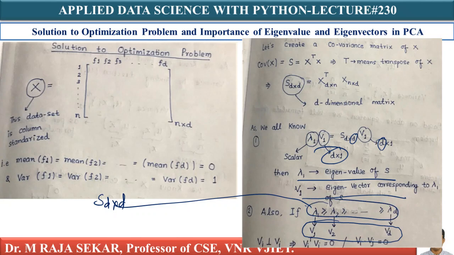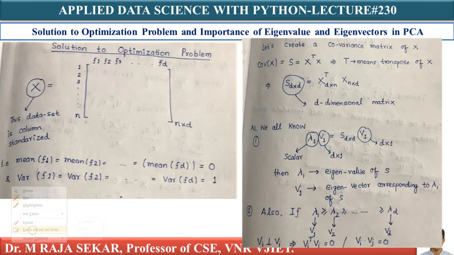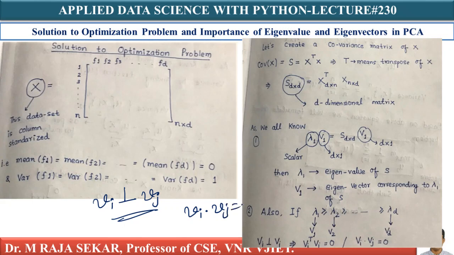One nice property of eigenvectors is, if you take any two eigenvectors of this covariance matrix, say eigenvector Vi and eigenvector Vj, they are perpendicular to each other. Perpendicular means their dot product Vi dot Vj is 0.